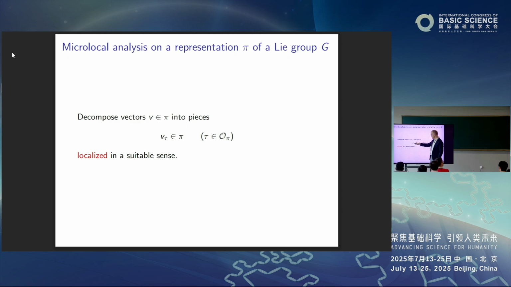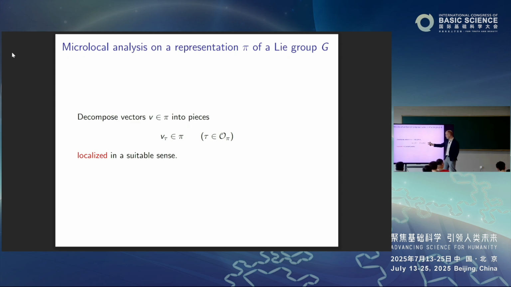In terms of pieces that are localized in a suitable sense, you should think of the pieces that are localized as being kind of analogs of individual notes in this musical staff. And the analog of the musical staff, or if you'd like, the analog of the cotangent bundle, will be the coadjoint orbit for the representation. So in the language of quantization, you think of L2 of M as a quantization of the cotangent bundle of the manifold, with the cotangent bundle being the underlying classical phase space.